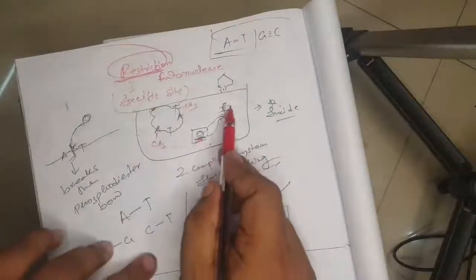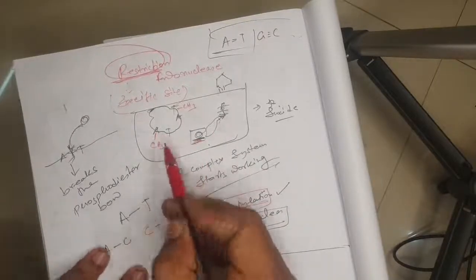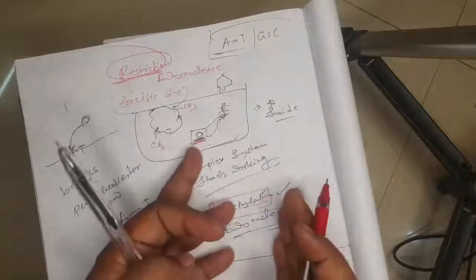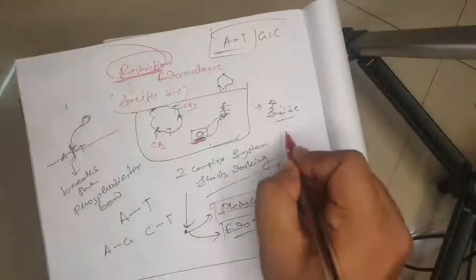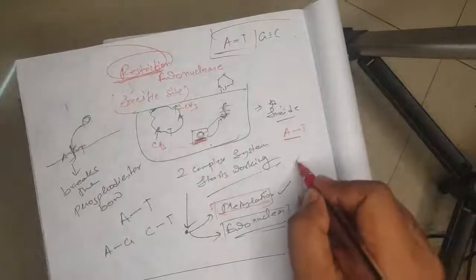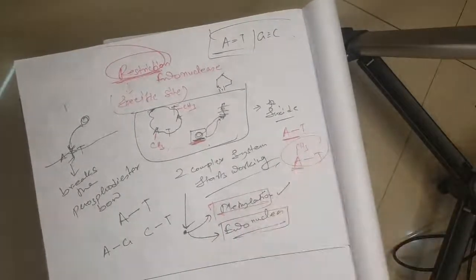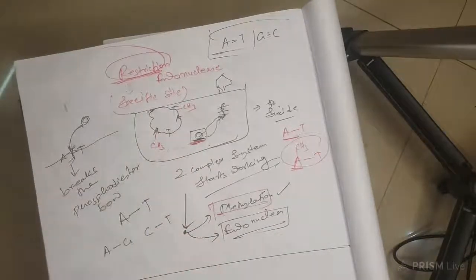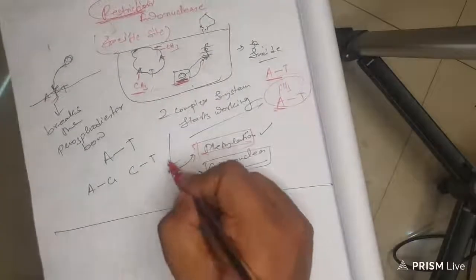So this specific site is cut here, at the specific nucleotides that are available, that are not methylated, because this restriction endonuclease is an enzyme with a specific structure which is able to break the phosphodiester bond between A and T, and not between methylated A and T, because it will not recognize this A as A, since it is methylated. So this is the importance of methylation.